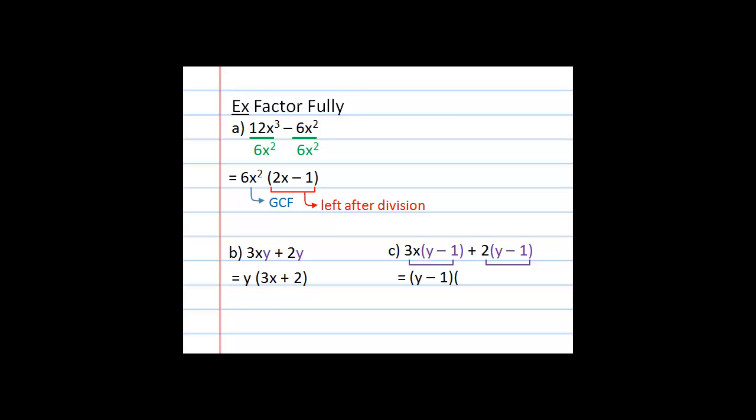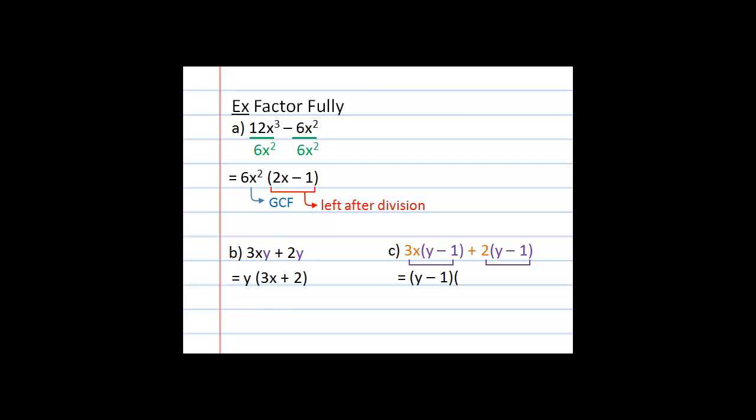What's going to be left in the bracket is just what's left after division. So if I were to take that first term and divide y minus 1 by y minus 1, because it's the same, what's left over is just the 3x and the positive 2. So 3x from the first term, positive 2 from the second term.